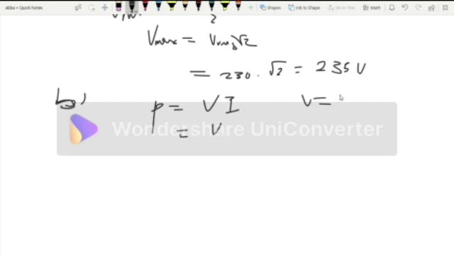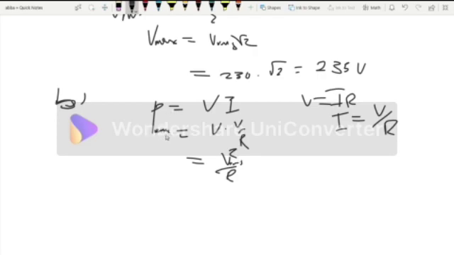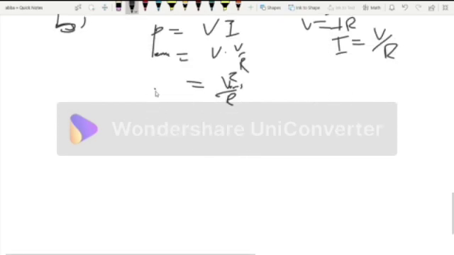Remember V equals IR, so I equals V over R. So we can substitute it here: P equals V multiplied by V over R. Then the average power is going to be V squared over R. So the V squared that we are going to use is the Vrms, and this is going to be our average power.